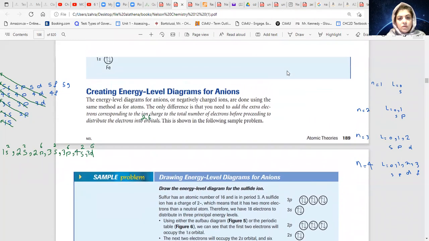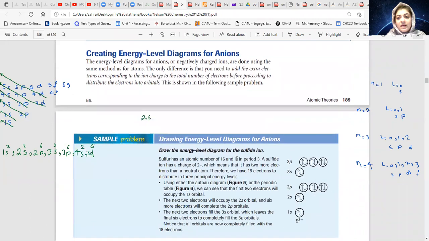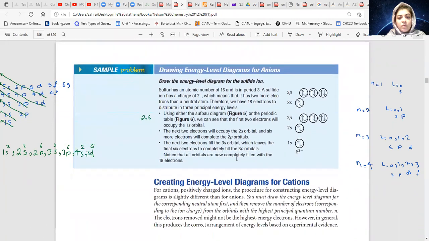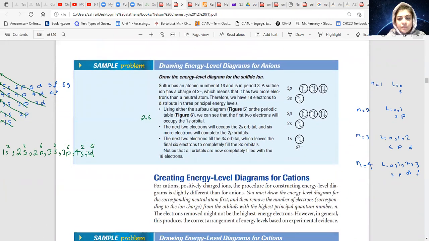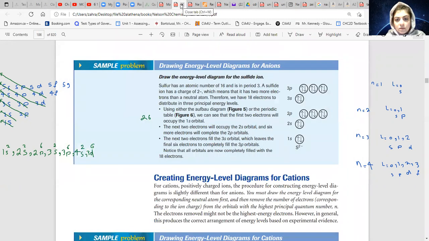Okay, so here now for the energy level diagram for an anion. An anion means it has a negative charge. Let's just look at this. Draw the energy level diagram for the sulfide ion. So for sulfide, it's this, right? So just make sure it's good.